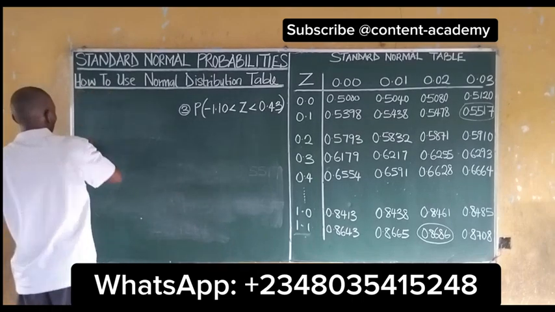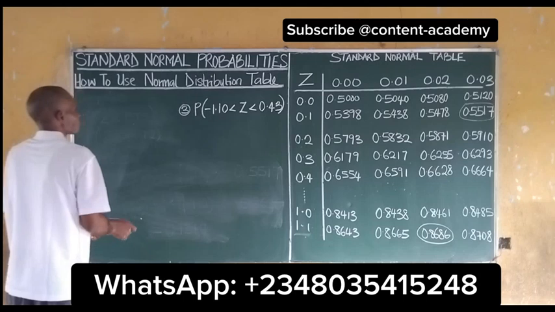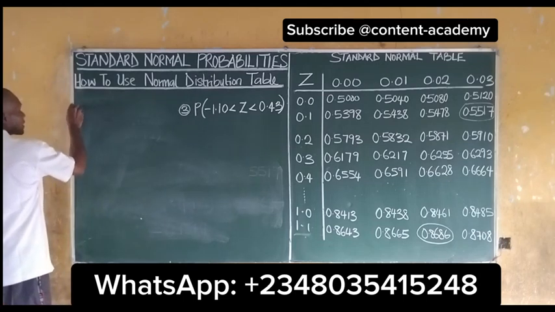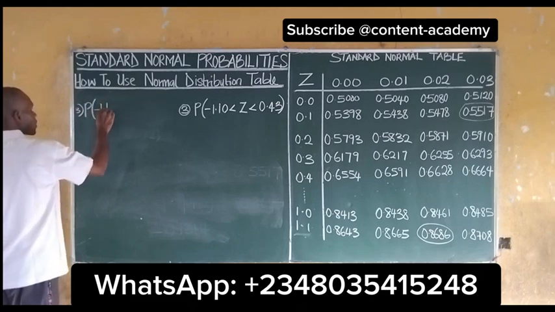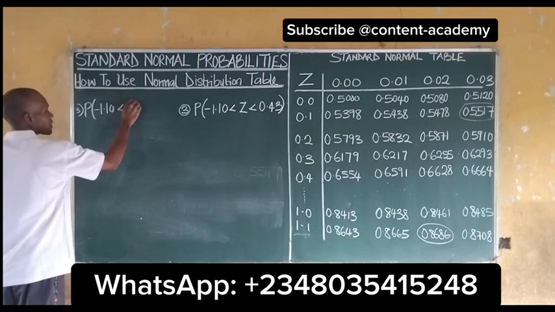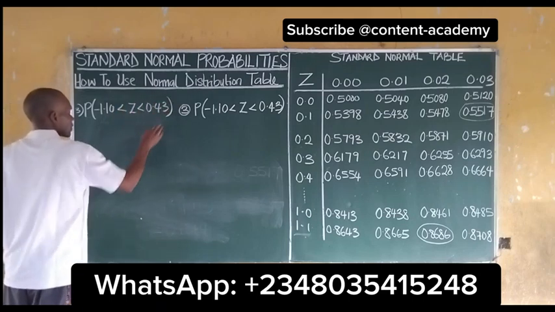So this is how these values can be computed, or this is how the normal distribution table is being used. Number 3, let's rewrite it. Negative 1.10 is less than z is less than 0.43.